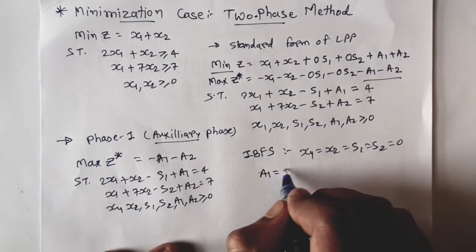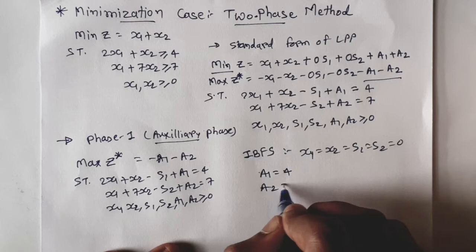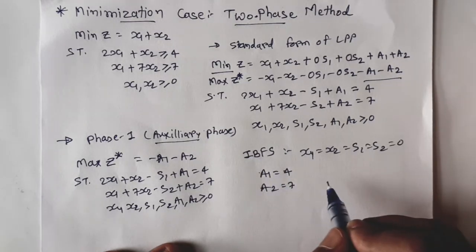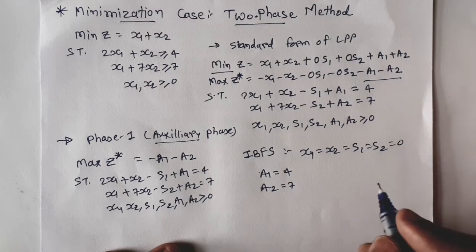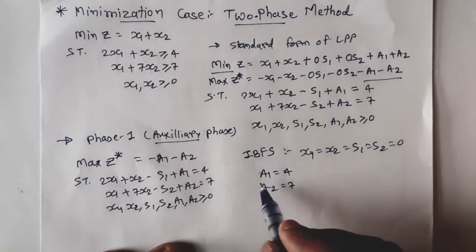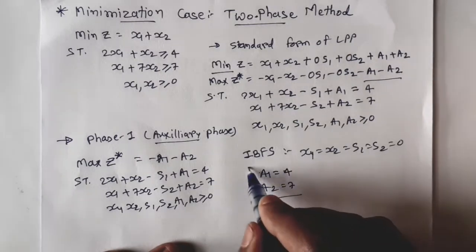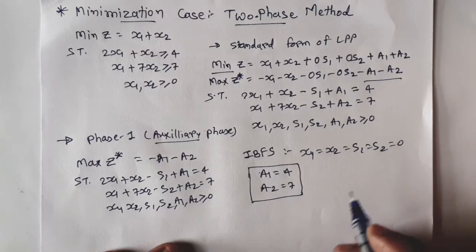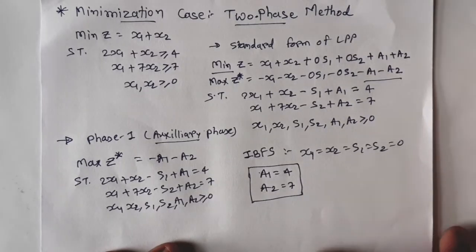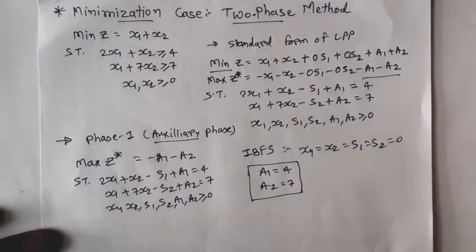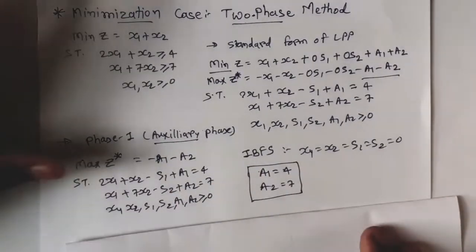In this case a1 equal to 4 and a2 equal to 7. Now let's check whether this solution is optimal or not. To check the optimality condition, we will go for the tabular method. So let's have another table.